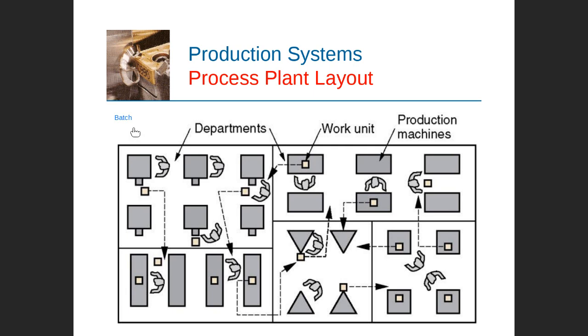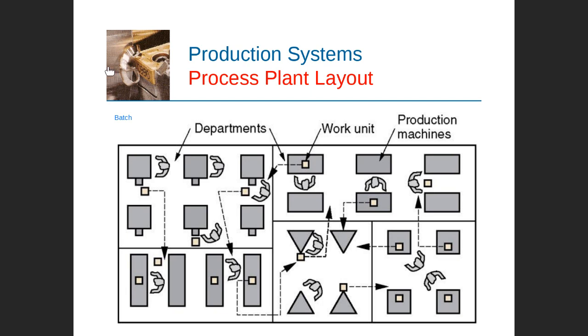When I say a different batch, it means we're going to manufacture a different product. This is the reason why I arrange the machines this way, because there is no fixed trend for manufacturing.